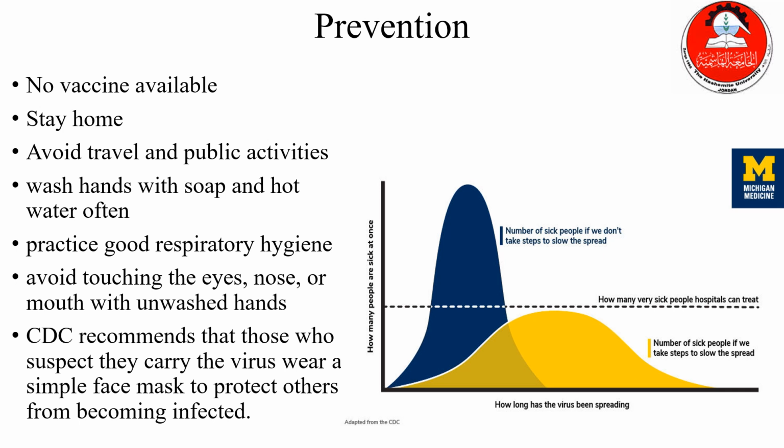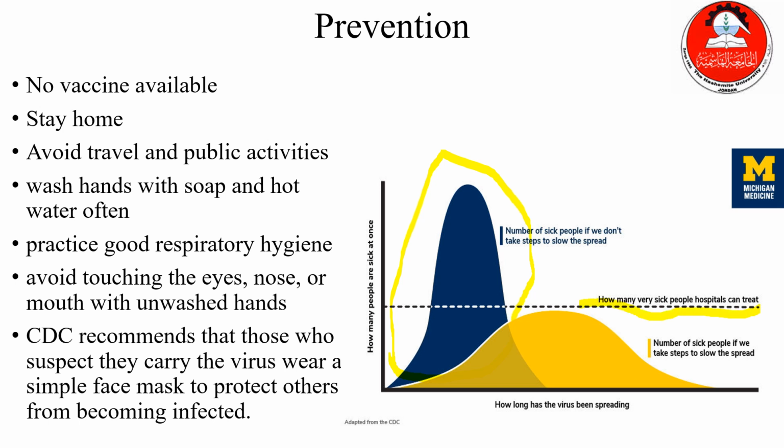An important factor we need to play is in flattening of the curve. As we can see, there's this blue curve, and this blue curve represents the number of COVID-19 patients infected, which can become overwhelming to the healthcare sector.